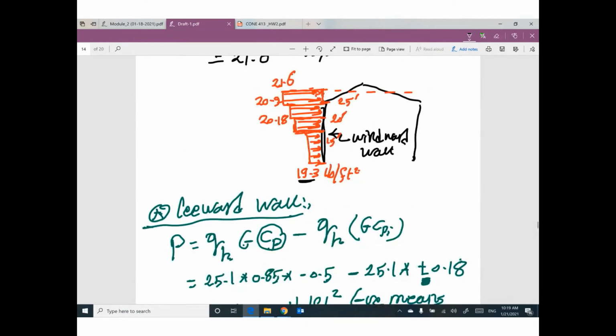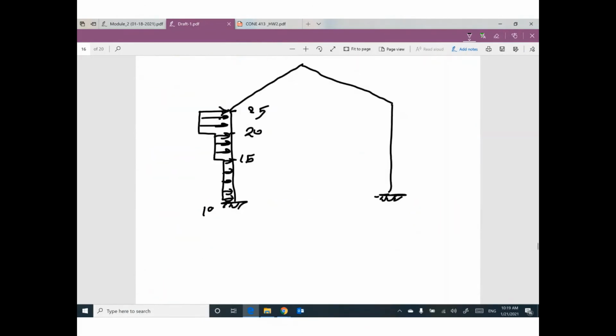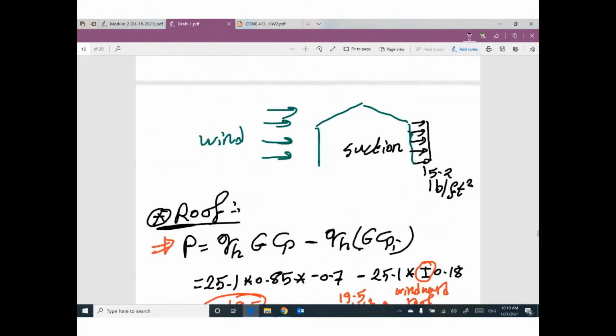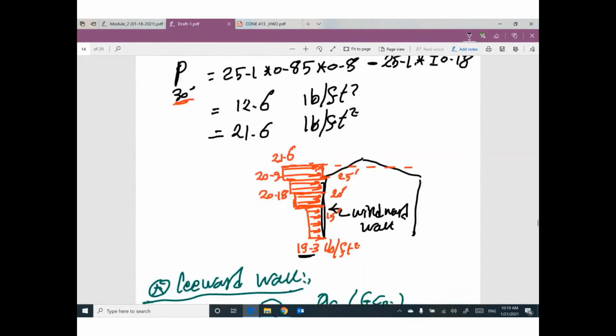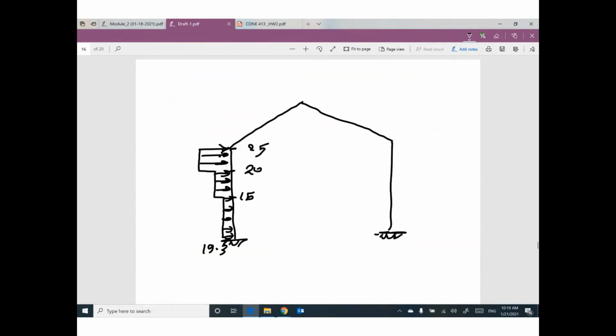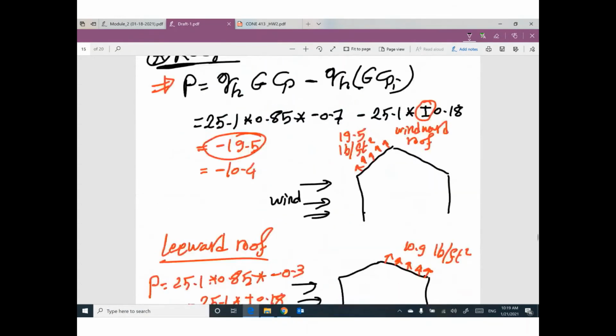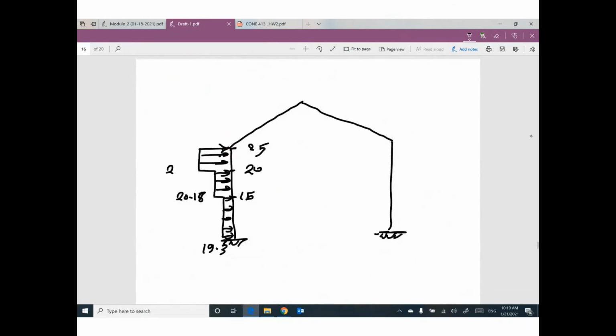We have 19.3, then we have 20.18, then we have 20.9 pounds per square feet. For the leeward value, it's a suction.